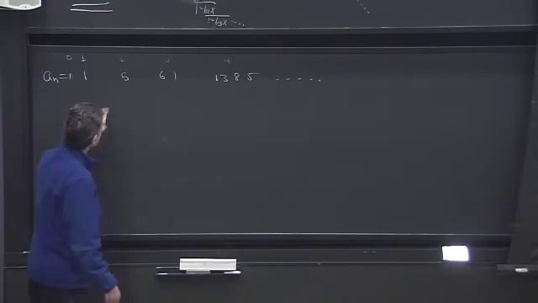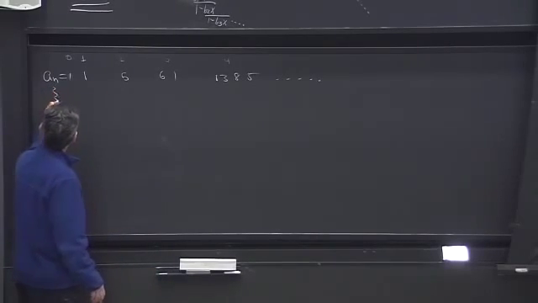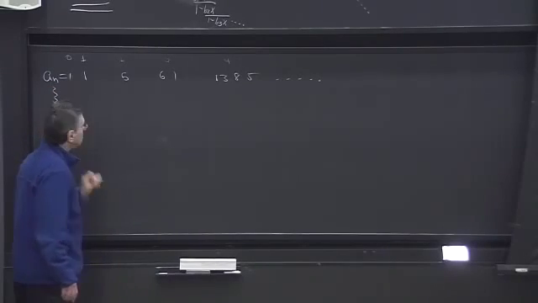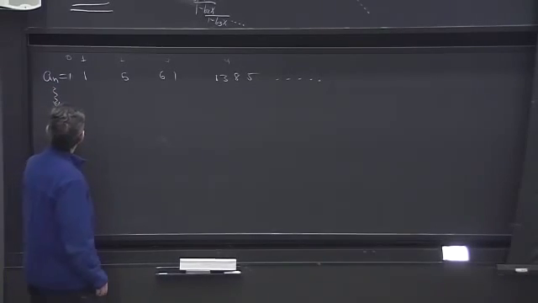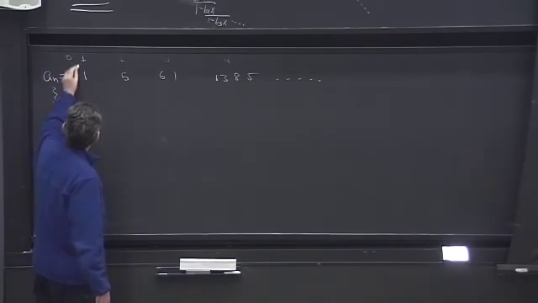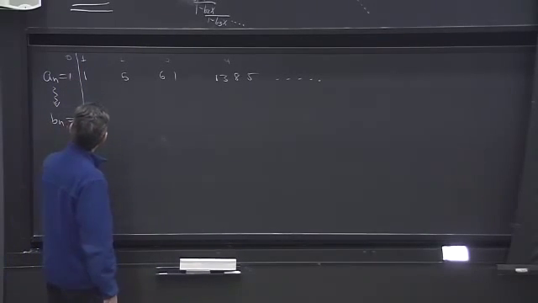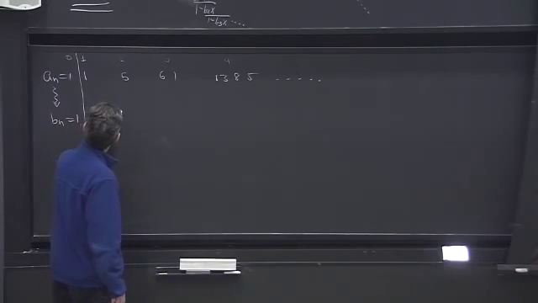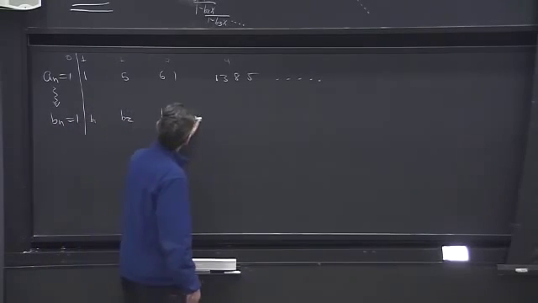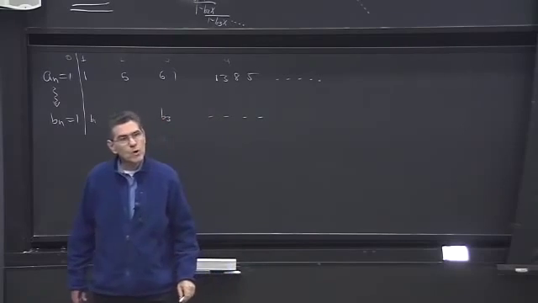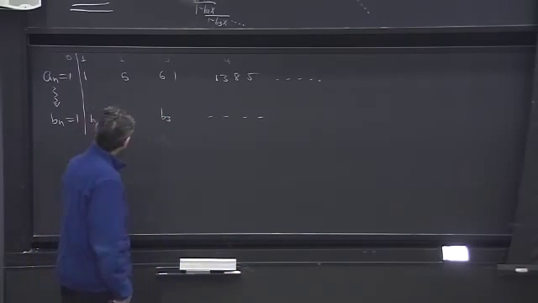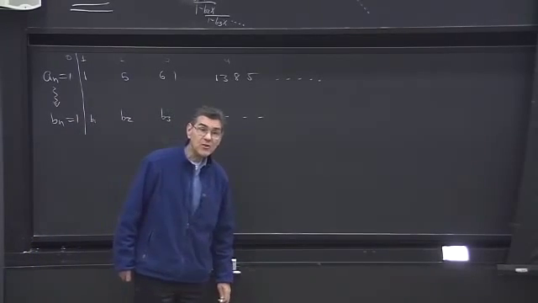So I'm going to start with the numbers A sub n, and I'm going to transform to a set of numbers B sub n. And B0 is going to be 1 by definition. And then we're going to find a number B1 and a B2 and B3 and so on. And we're going to hope that the numbers B are much easier to guess.